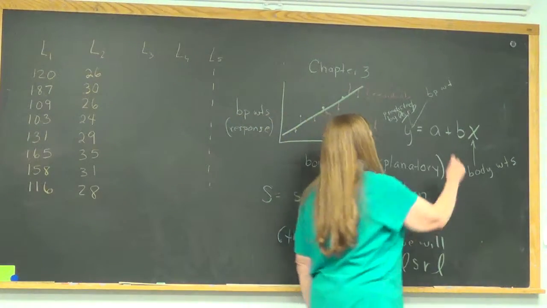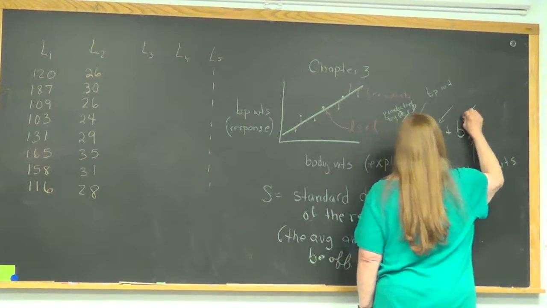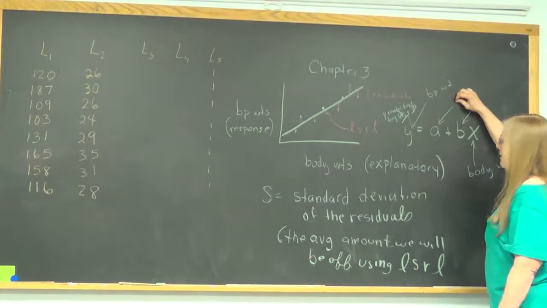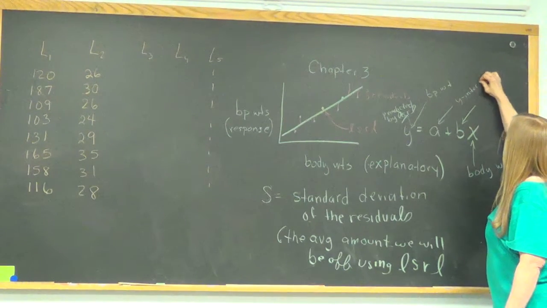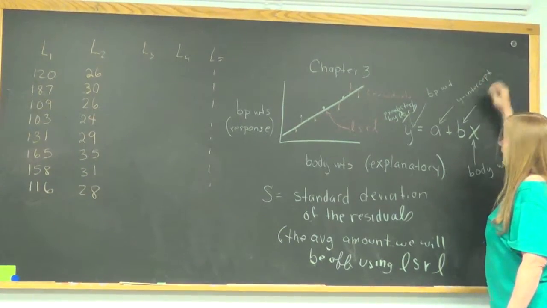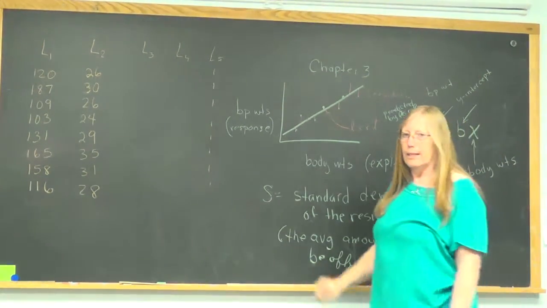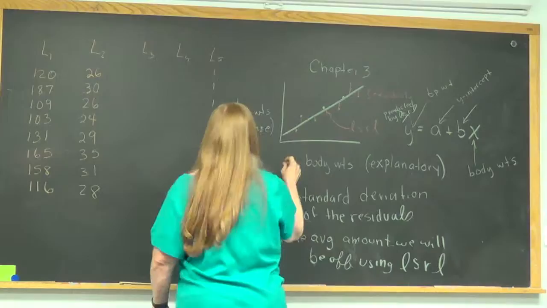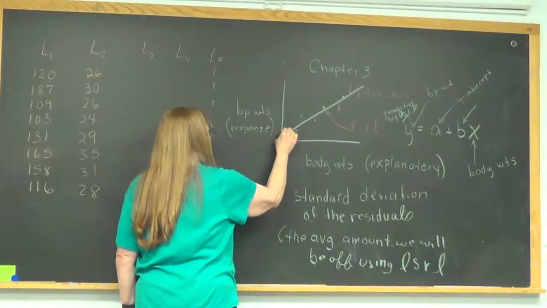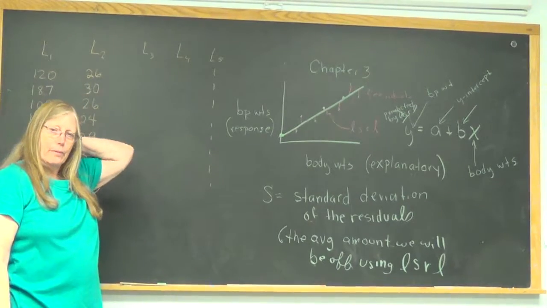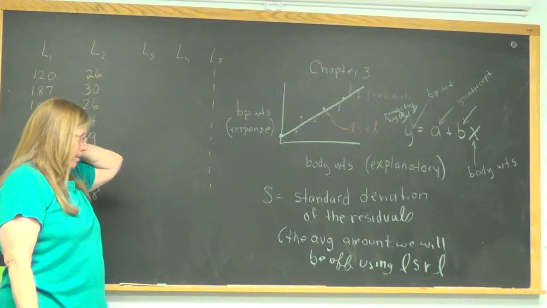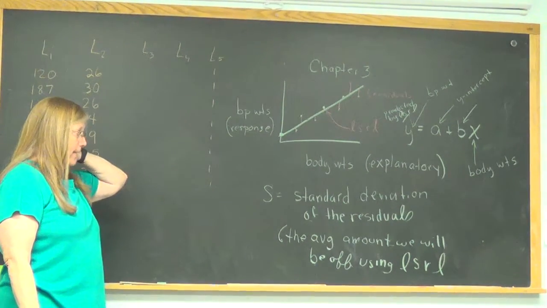And lastly, A and B. A is where it crosses, it's the Y-intercept. Sometimes it's meaningful, sometimes it's not meaningful. In this scenario, this crosses the Y-axis right there. In this scenario, is that meaningful? No. Why? Can you explain to me what is nonsensical about it?